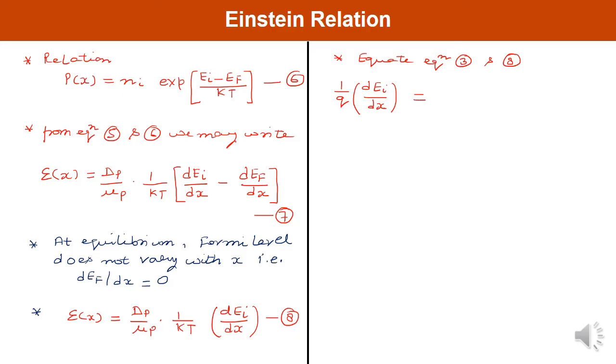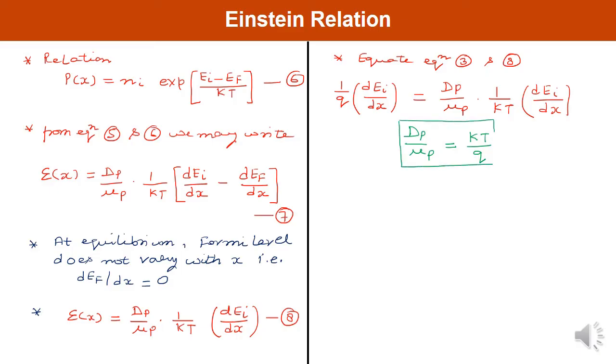Second term, this is D_p upon mu p into 1 upon kT into dE_i upon dx. Now here you can see some of the terms will cancel out, dE_i upon dx, and from here you can write down D_p upon mu p is equal to kT upon q. So this is the Einstein relation.